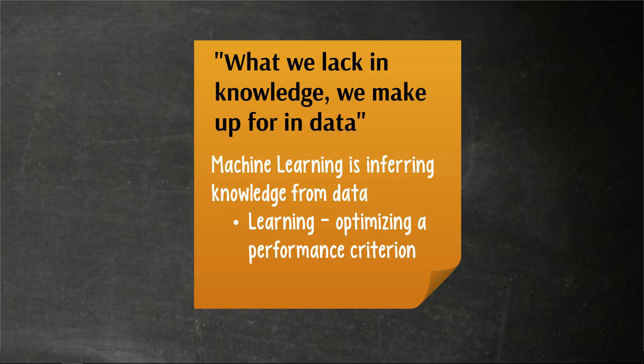We have a model defined up to some parameters, and learning is going to be the execution of a computer program to optimize the parameters of the model using the training data or past experience. So that's the gist of it. At the core, it is inferring knowledge from data, gathering knowledge from data, however you want to say it, and then optimizing the parameters so that we can get better and better at whatever we are trying to do.